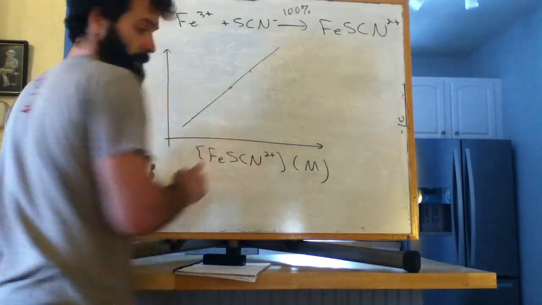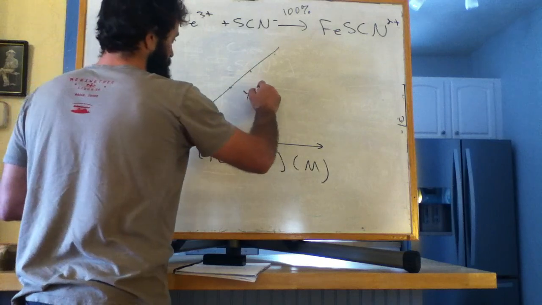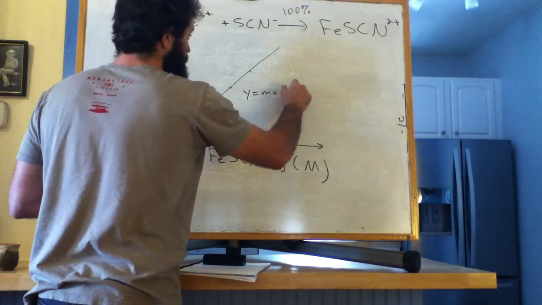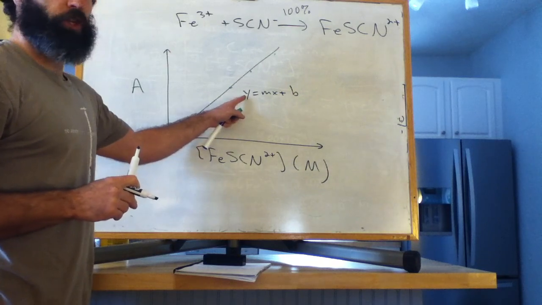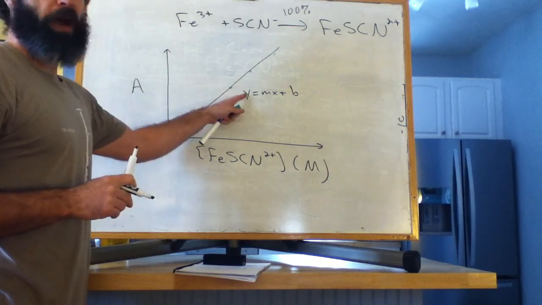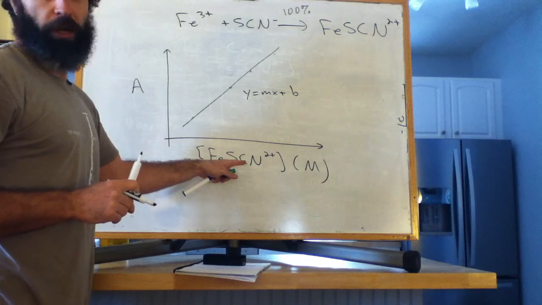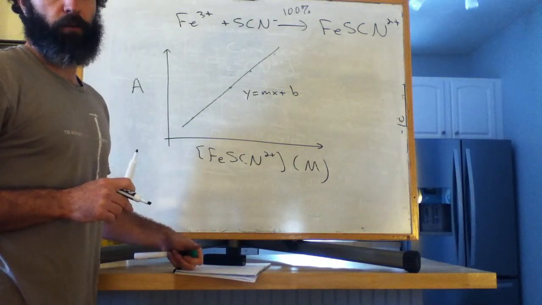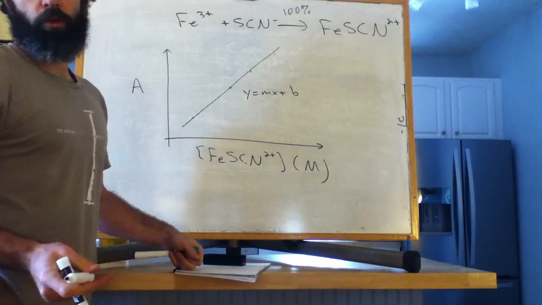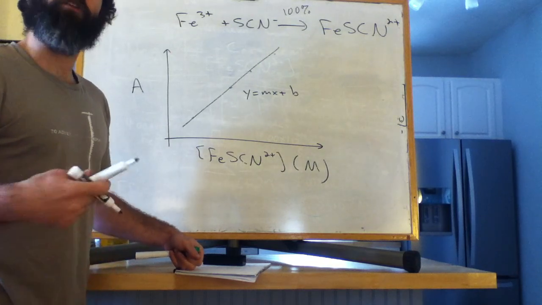We can connect these with a straight line. Microsoft Excel, as you're well versed in, will give you an equation for this straight line. Now we have the relationship between absorbance, our Y value, and concentration of this iron thiocyanate complex, which is our X value. Okay, what can we use this calibration curve to do?